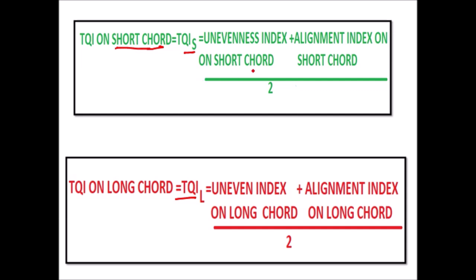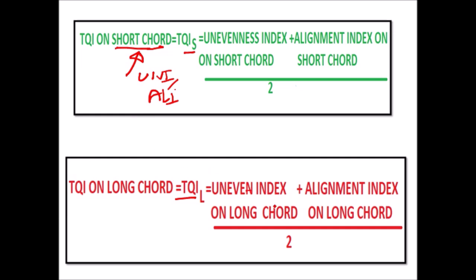So now, how to calculate TQIS? TQIS is given as (unevenness index over short chord plus alignment index over short chord) by 2. So this is over short chord, and it is a function of unevenness index and alignment index related to short chord.